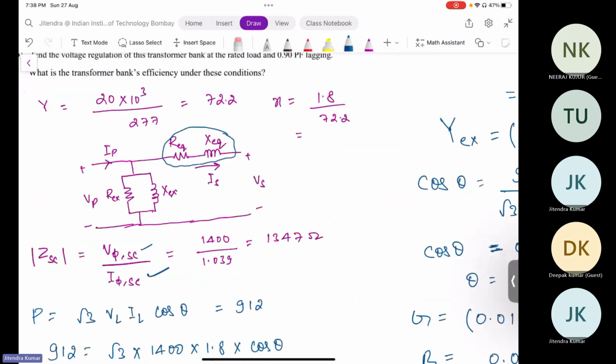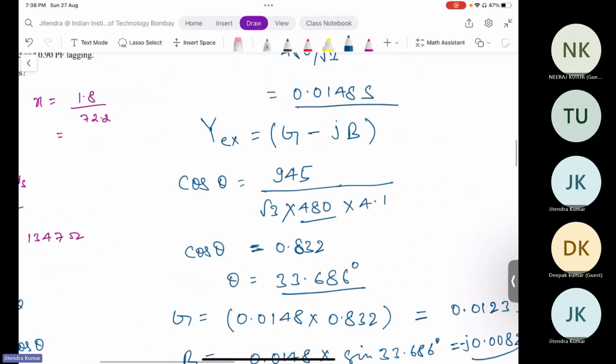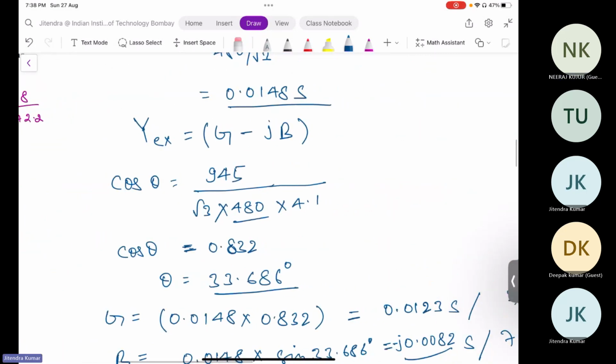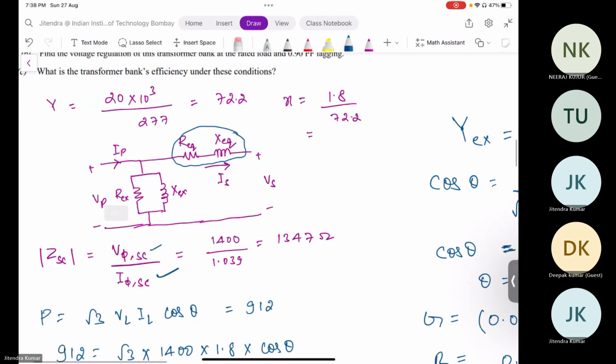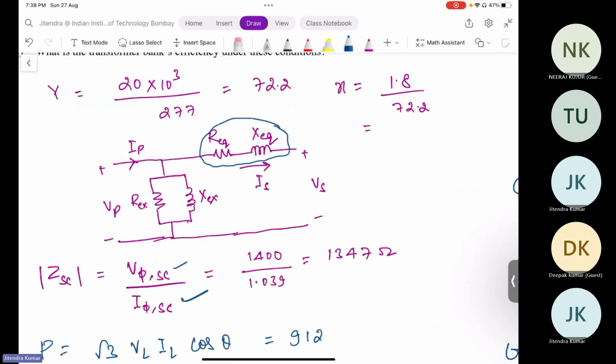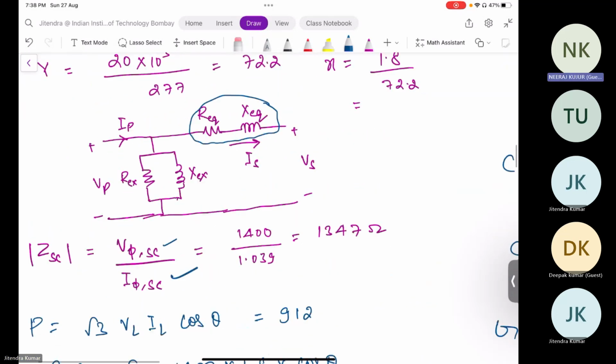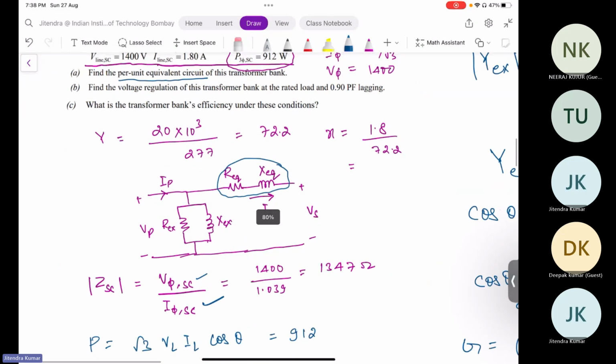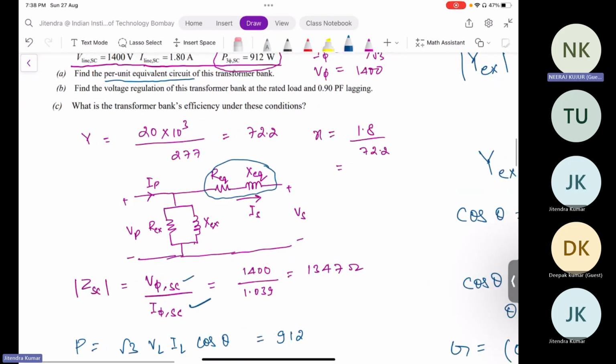We have computed this conductance and susceptance. If you invert it, you will get the resistance or reactance. Otherwise, if it is a subjective question, you can leave it as a conductance and susceptance. So I think the first part is done.